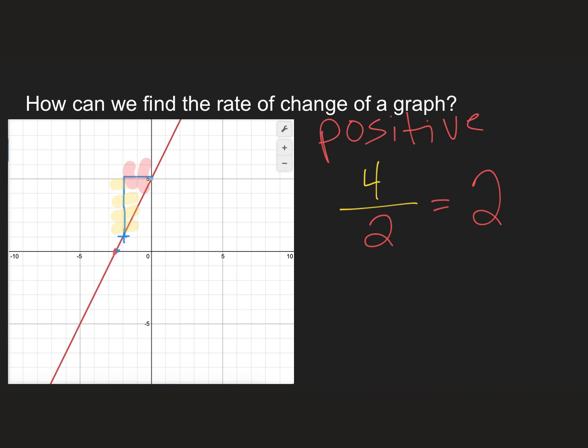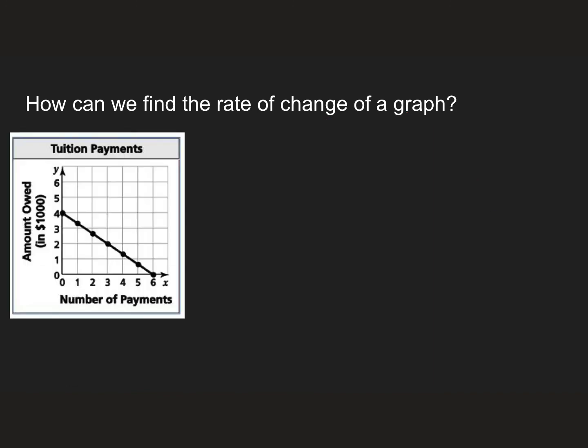Last one, and then you guys are doing some practice on your own. Again, now we are looking at tuition payments. You're going to go between 2 points. So I'm going to go between this point right here and this point right here. I can know this is a negative because again it's going down from left to right. It's a negative slope.